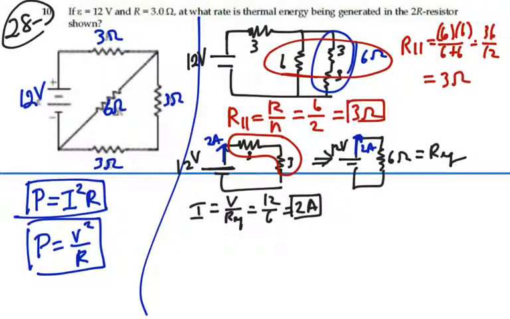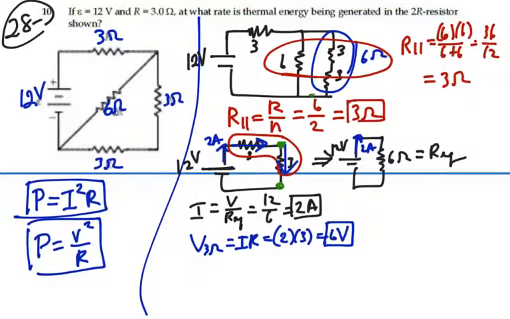And if I think about that, there's actually 2 amps going through this 3 ohms on top and this parallel 3 ohms here. So I actually have a voltage on that 3 ohms that's equal to, by Ohm's law, I times R, 2 amps times 3 ohms, or 6 volts. Now that 3 ohms is connected between two points in the circuit, which are the same two points as this parallel combination of the 6 with the 6.